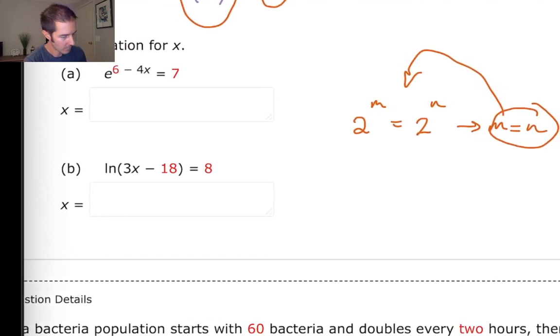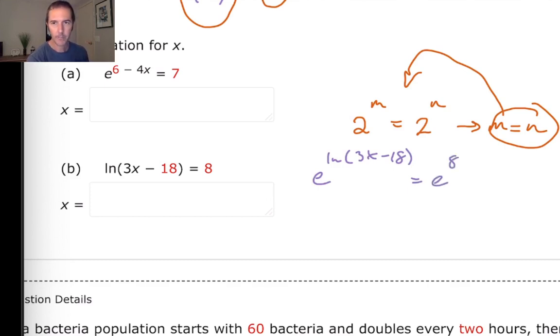So in this case, this is m, and this is n. So let's make them into exponents. Will we use a 2 under them? We will not. We're going to use e. e to the natural log of 3x minus 18 equals e to the 8.